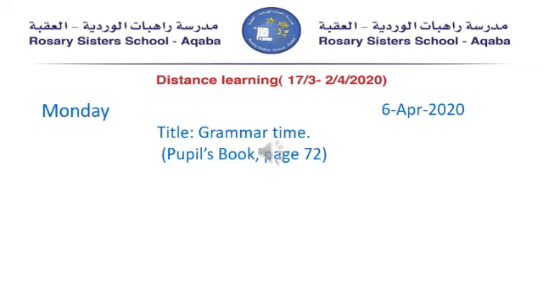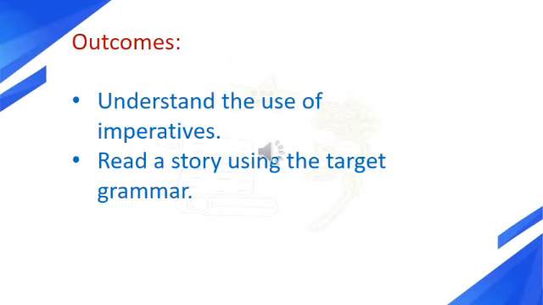Pupils Book, page 72. Now, bring your Pupils Book and open at page 72 to do it together. The outcomes for today, my heroes, are to understand the use of imperatives and to read a story using the target grammar.